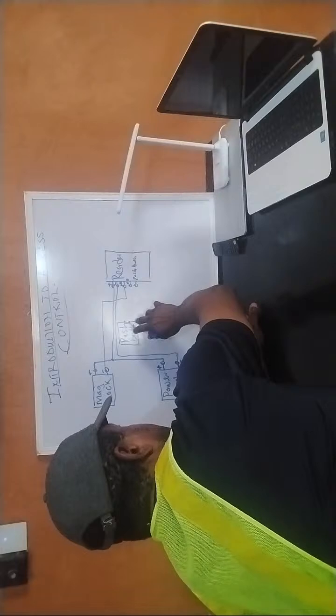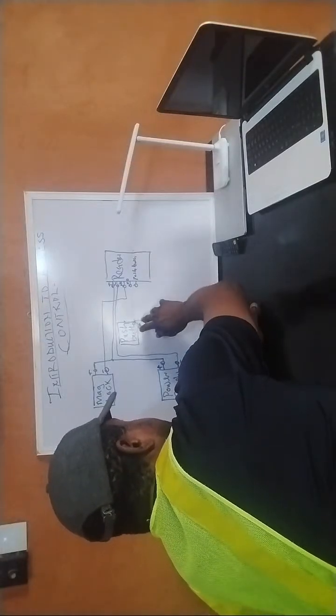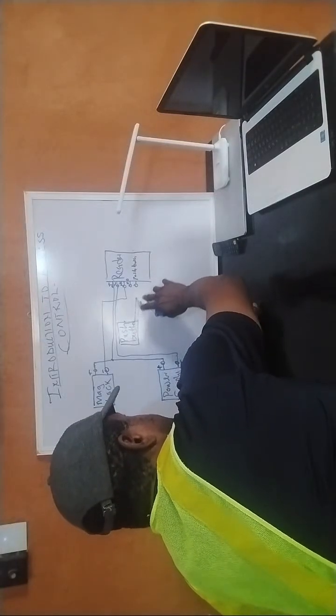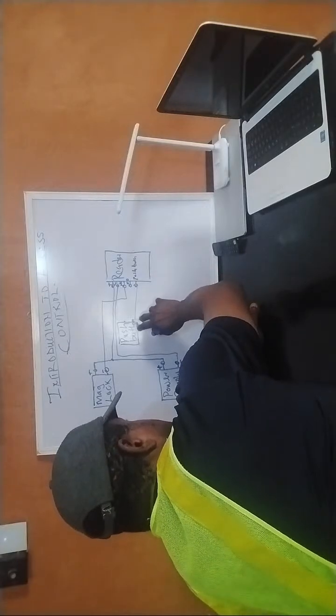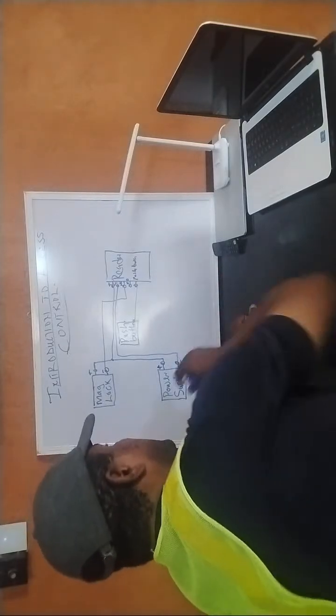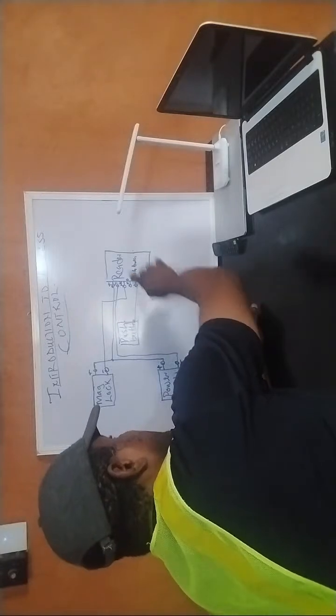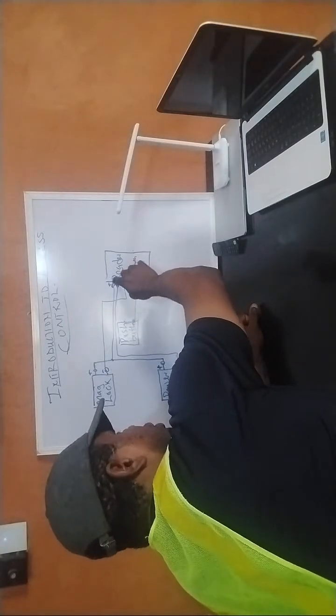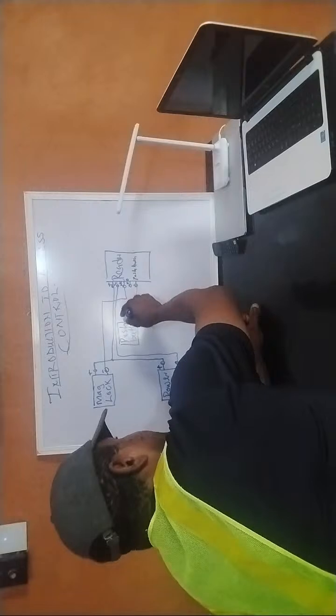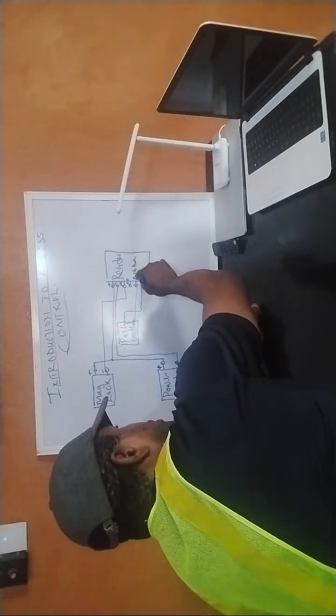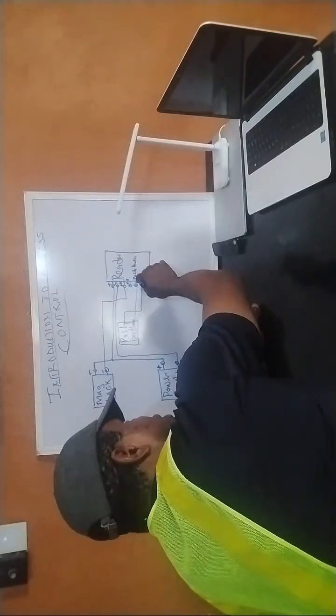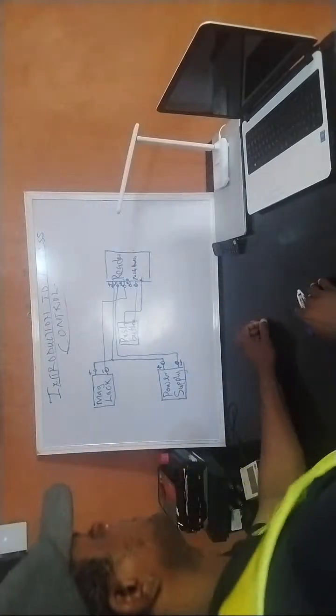I pick one of these and take it to my push button. There are two terminals here. Then I take this one. There's also a common on this system. You see it on the push button, the common. You take this one to the other part.